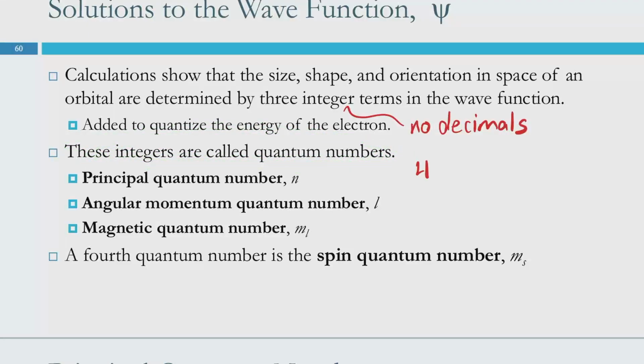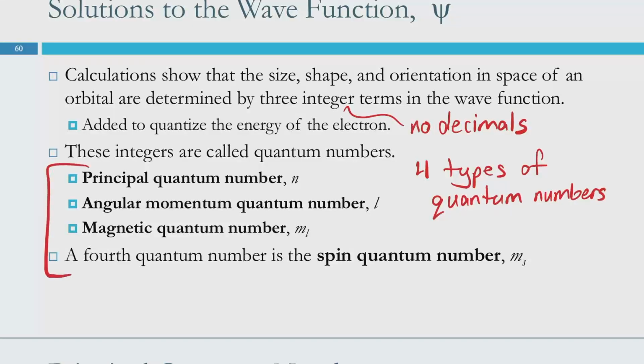We have 4 types of quantum number that you need to know. And we've got some rules about what values are allowed. All of the quantum numbers that we'll need to know are on this slide. There's 3 big ones. We've got our principal quantum number, n.